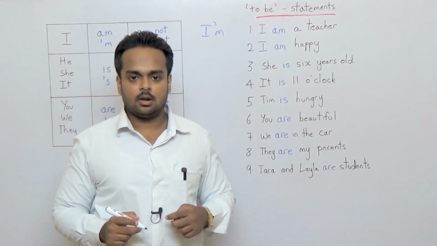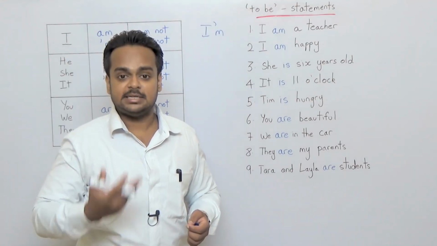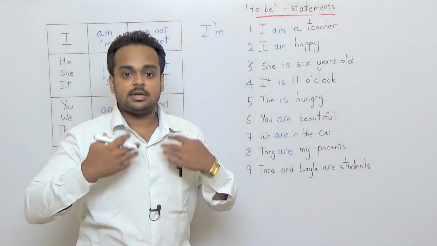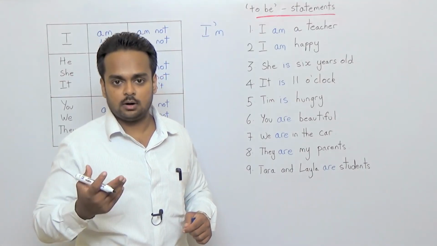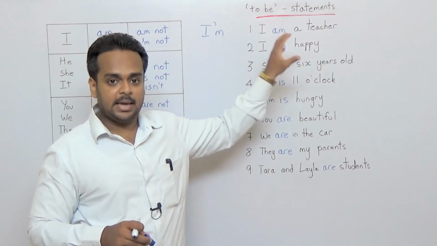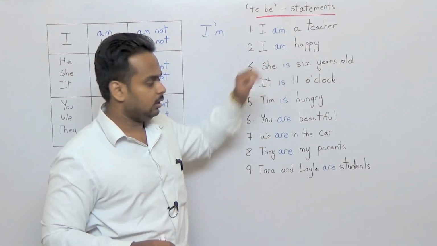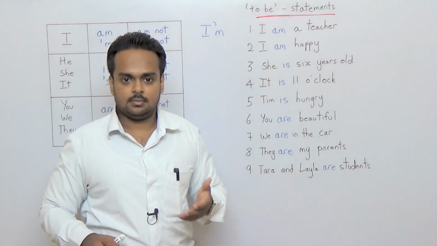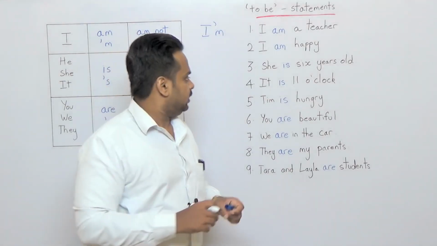When we speak, we would say, I'm a teacher. That is the more natural way of saying it. That's how native speakers speak. I'm a teacher. And the focus is on teacher because that is the main information in the sentence. Over here, I'm happy.